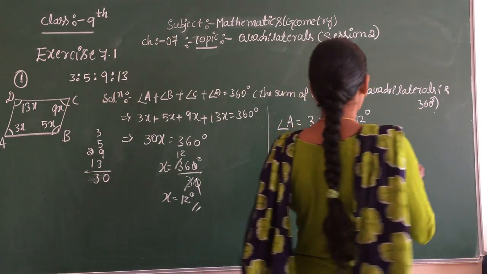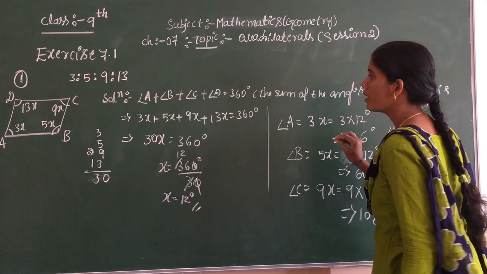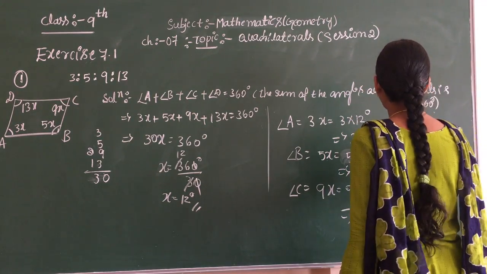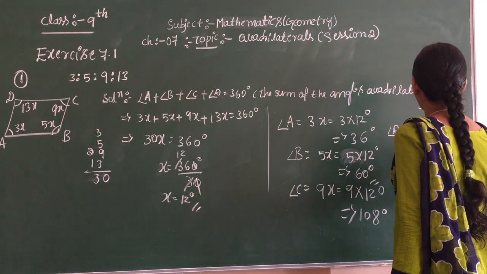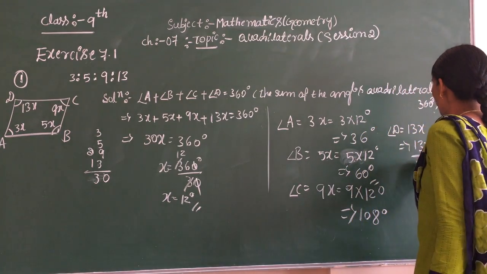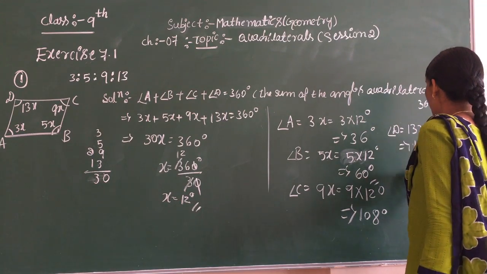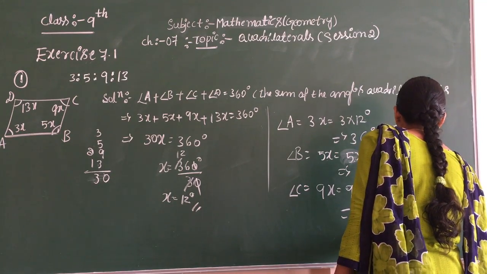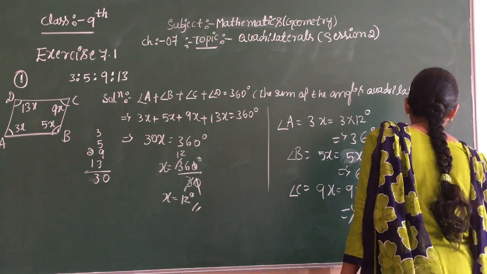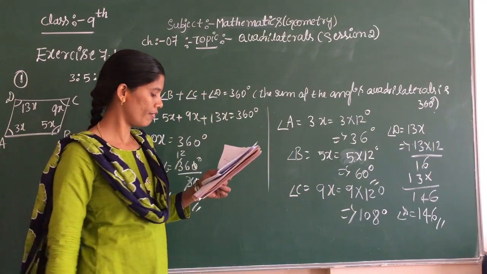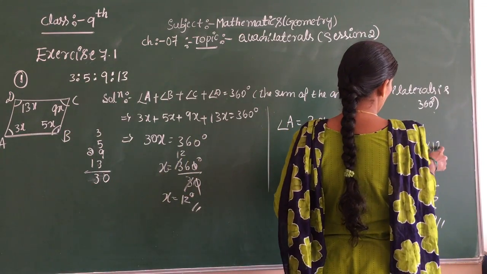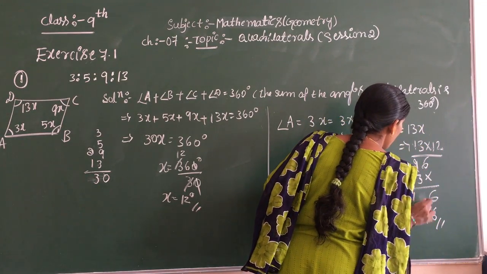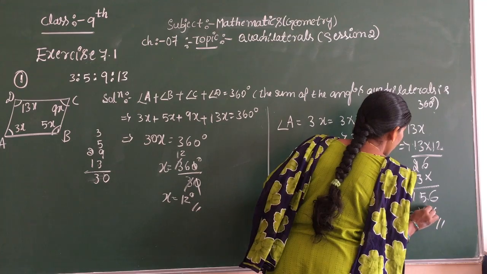Next, angle D is 13x, 13 into 12. 3 twos are 6, 3 ones are 3, 1 two is 2, 1 one is 1, so it is 156. Angle D is equal to 156 degrees. How did I get this, children? 2 threes are 6, 2 ones are 2; this is 156.